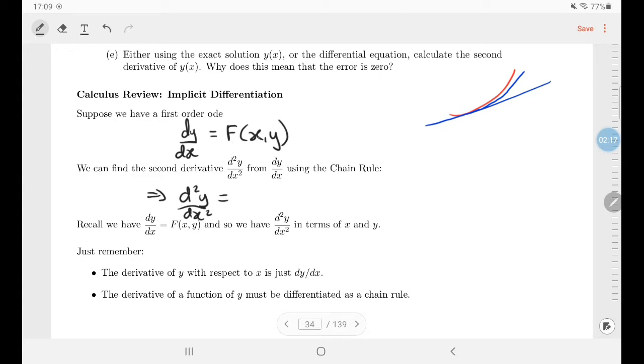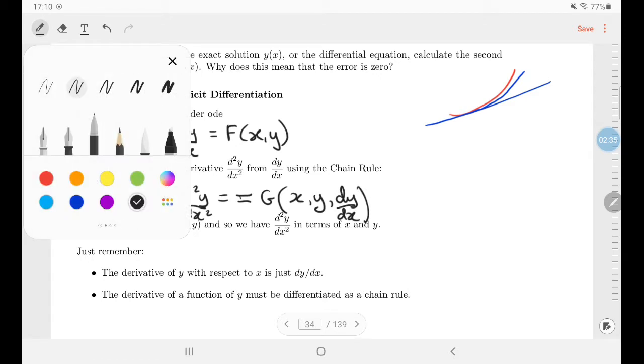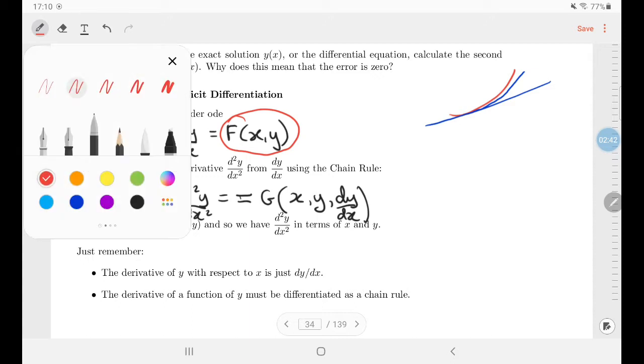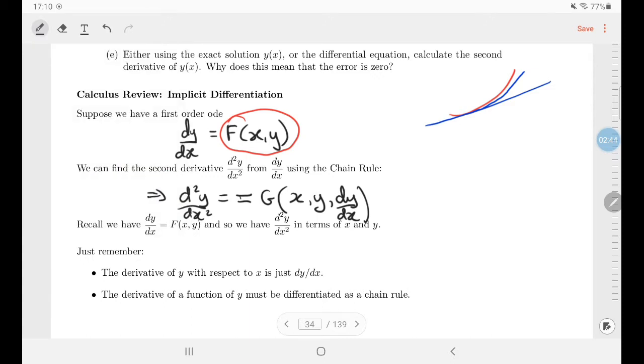Differentiating implicitly gives some other formula, which I'll call g, with x's, y's, and dy/dx's. But from the ODE, you have dy/dx in terms of x and y, so you can get the second derivative in terms of x and y by substituting in for dy/dx.